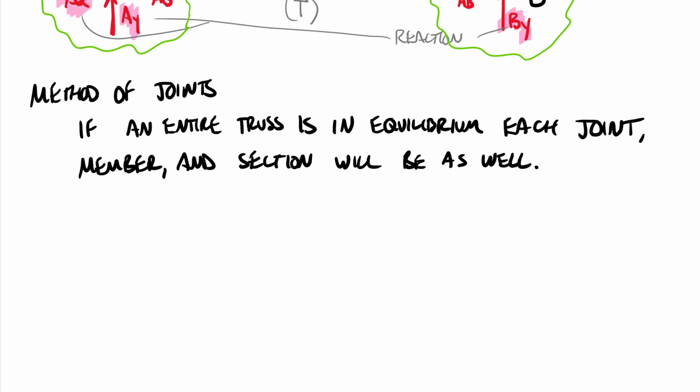We're going to focus here first on joints. In a later portion of this chapter, we'll talk about sections. Now, the member part of it isn't all that instructive because if we have two force members, we know that every two force member has equal and opposite forces on either end. It doesn't really tell you too much. It doesn't tell you how members interact. It only tells you what's going on with one single member.